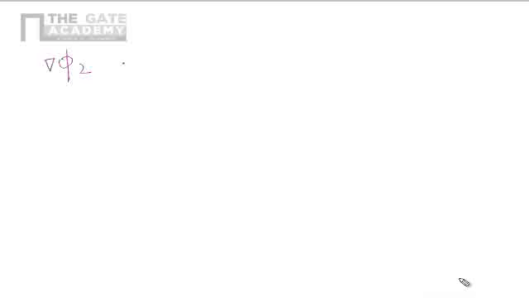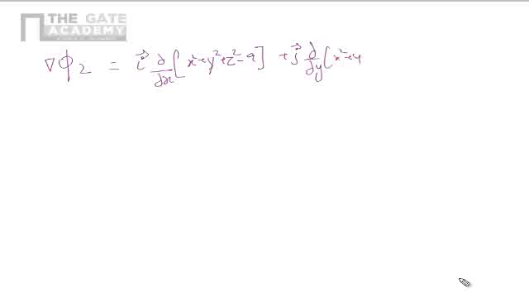Now we have to find del phi 2. What is del phi 2? It is nothing but i vector dou by dou x of x square plus y square plus z square minus 9, plus j vector dou by dou y of x square plus y square plus z square minus 9, plus k vector dou by dou z of x square plus y square plus z square minus 9.